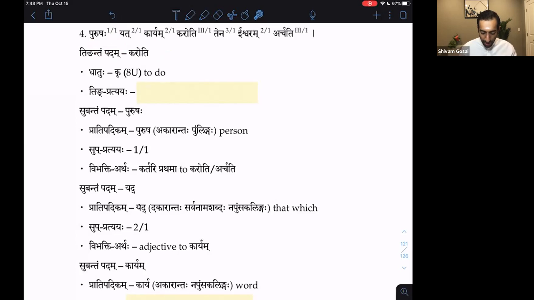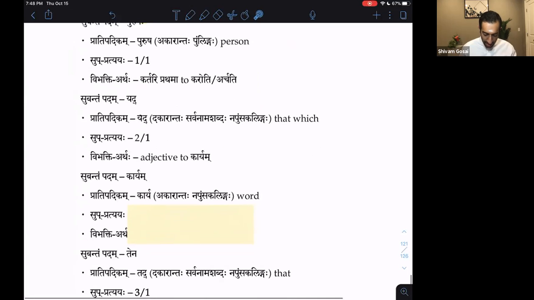Okay, so far we know a person worships Ishvara because of that, or by that. And then this part of the phrase: a person does which karyam.